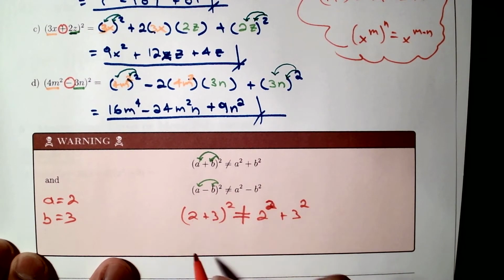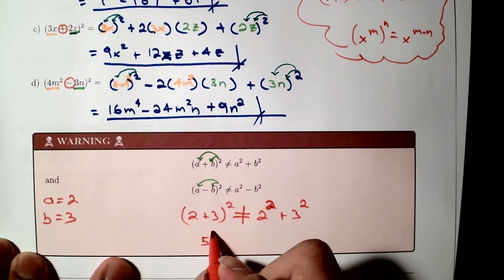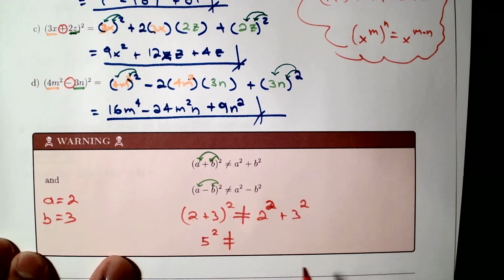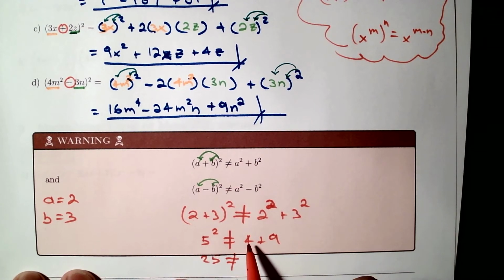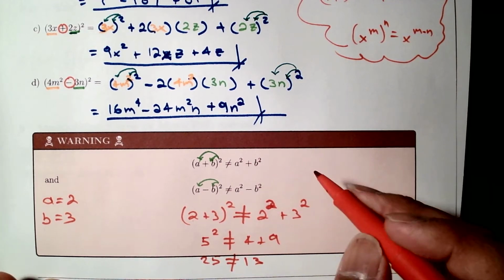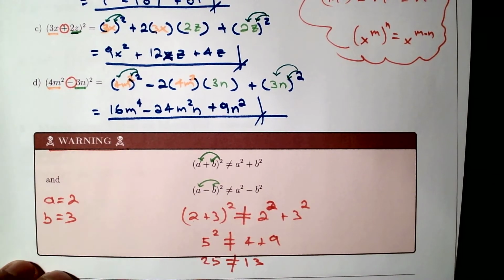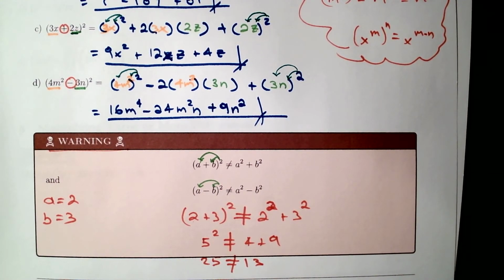So 2 plus 3, which equals 5, quantity squared. That's not the same as 2 squared, which is 4, plus 3 squared, which is 9. So the left-hand side is going to leave us with 5 squared, which is 25, which is not equal to 4 plus 9, which equals 13. So in this case, be careful here. Warning with this.